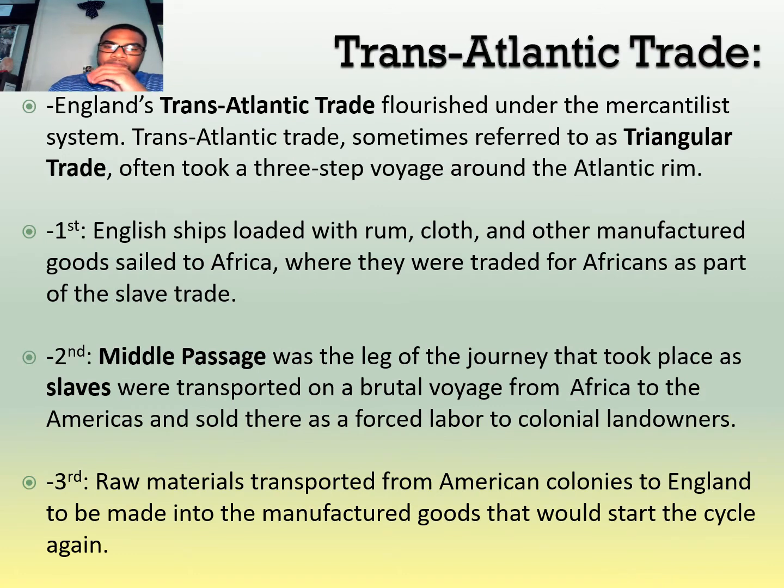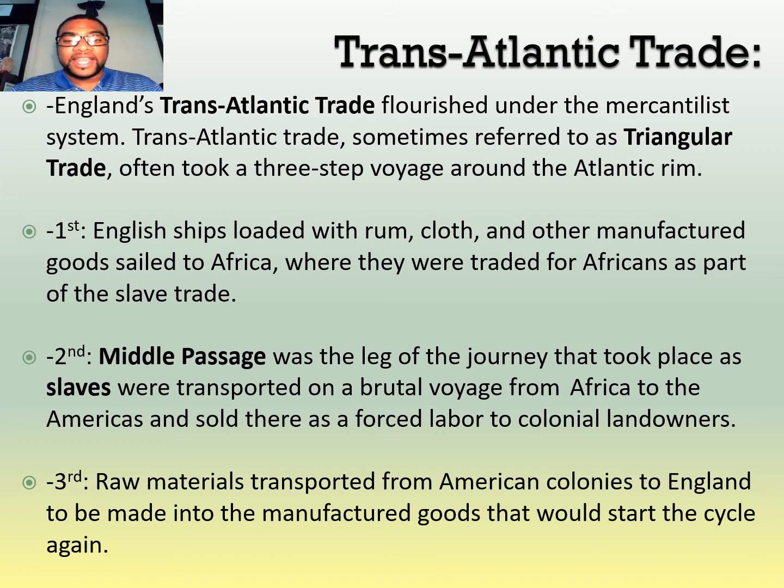And the second big thing from this is the transatlantic trade. England's transatlantic trade flourished under mercantilism. Transatlantic trade, sometimes referred to as a triangular trade, often took a three-step voyage around the Atlantic Rim. English ships loaded with rum, cloth, and other manufactured goods sailed to Africa, where they would trade for Africans as a part of the slave trade.